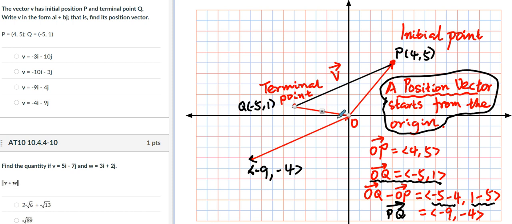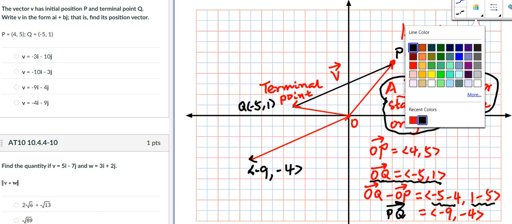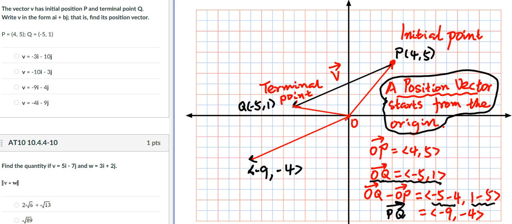So -5 is here, positive 1 right here. So that will be the ending. Let me write in black color. The ending point is right here.